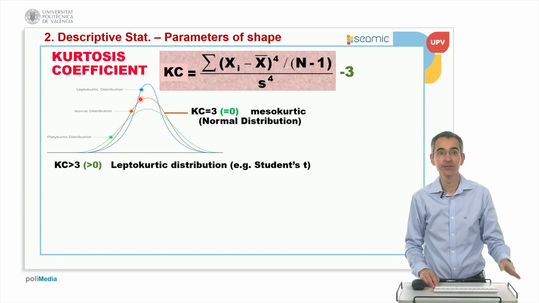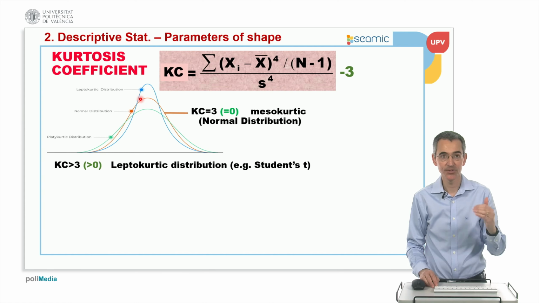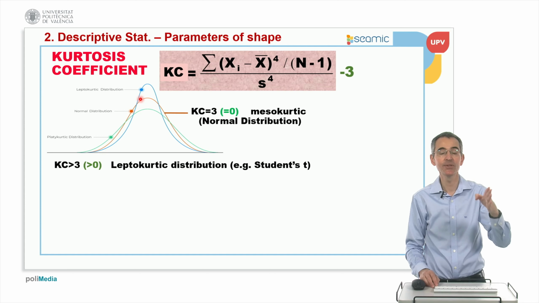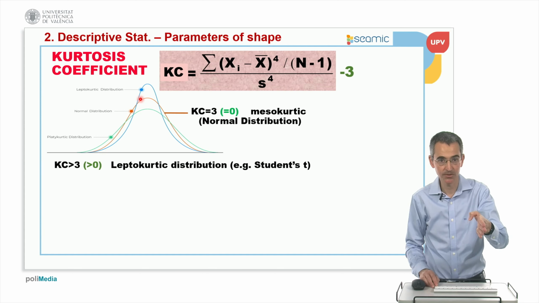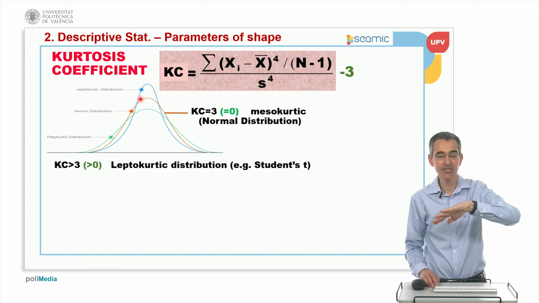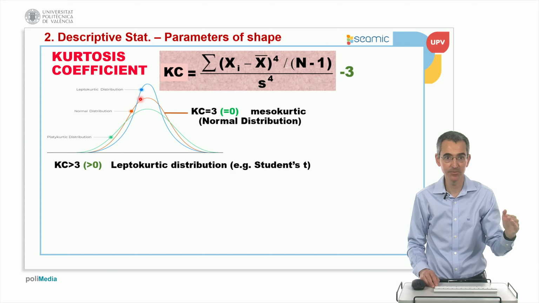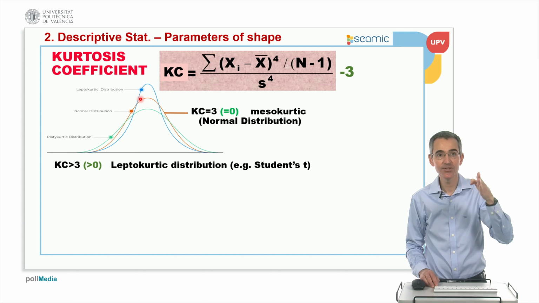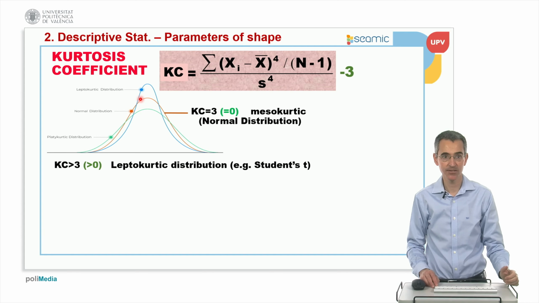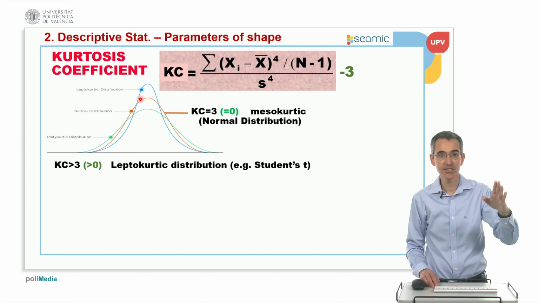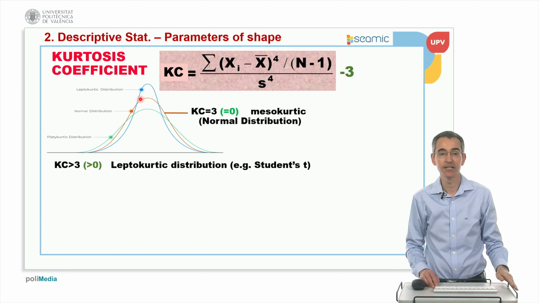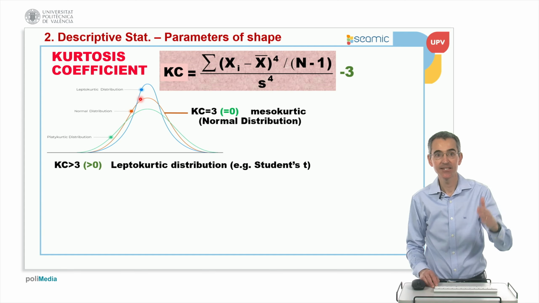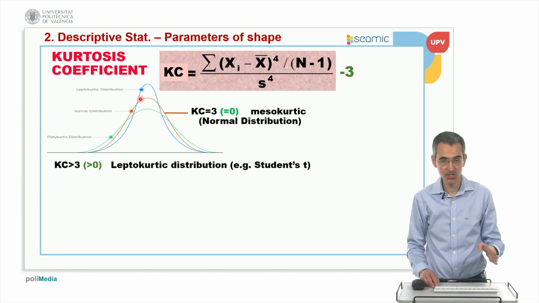Okay? So this kurtosis coefficient is very useful in case of symmetric distributions. If I have a symmetric distribution and the shape of the histogram more or less resembles a normal, it is very useful to check the value of this kurtosis coefficient. If the kurtosis is positive, I will say that it is a leptokurtic distribution.